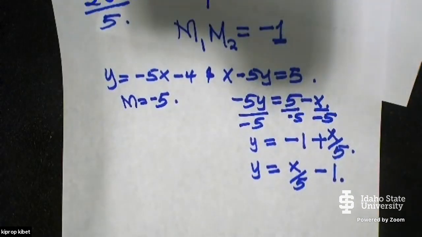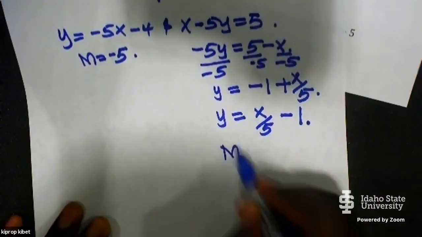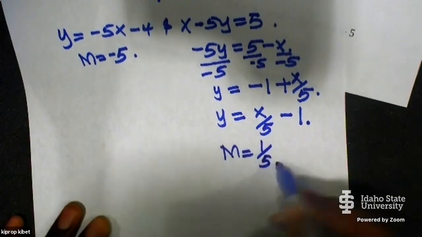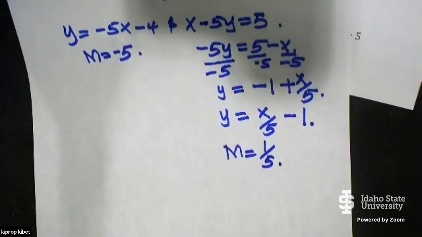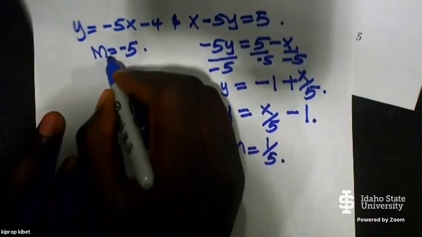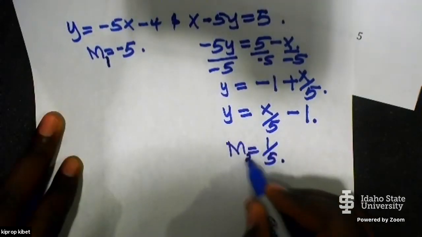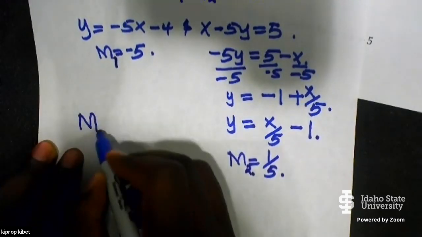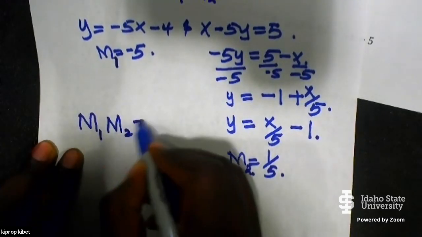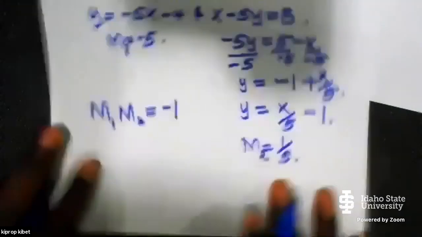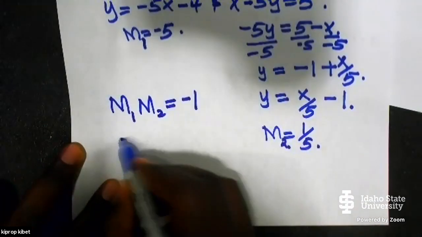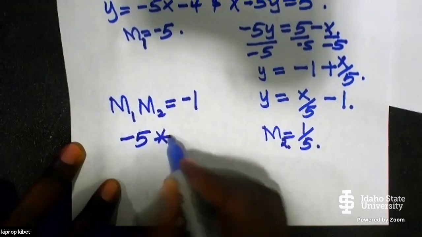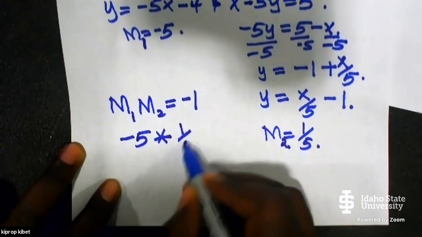So here, m equals 1 over 5. Let's say this one is m1 and this one is m2. Check whether m1 times m2 equals -1. So m1 is -5, m2 is 1 over 5.